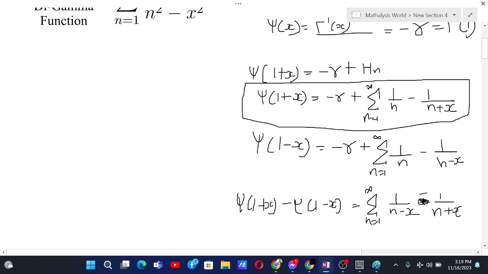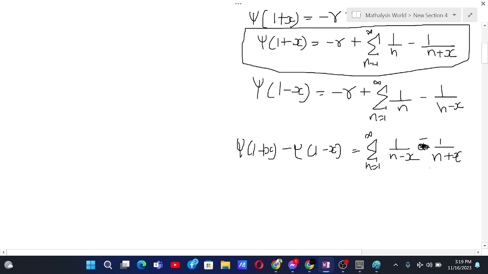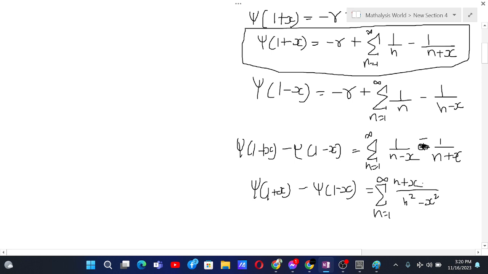And now we can take the LCM. Digamma of 1 plus x minus digamma of 1 minus x equals the summation from n equals 1 to infinity of n square minus x square in the denominator, and then we have n plus x minus n plus x in the numerator.